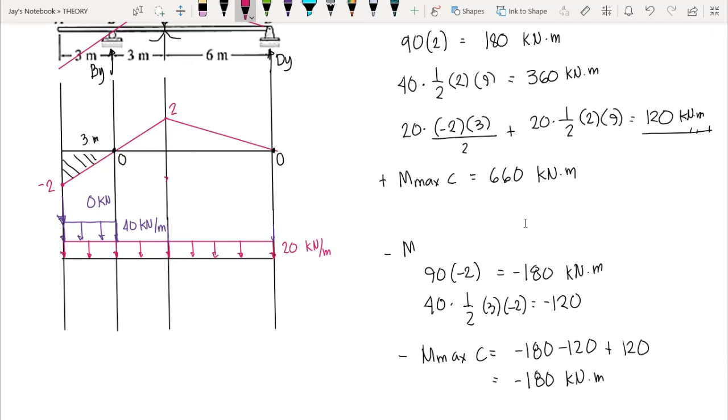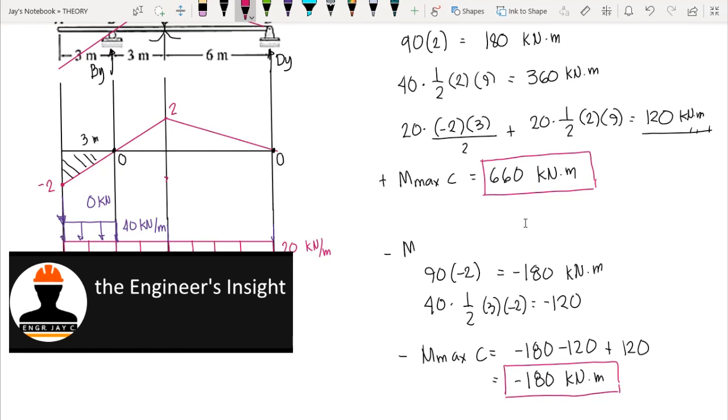So this is our answer as the negative maximum moment at C, and this is our answer for the positive maximum moment at C. So by using the influence diagram, we know where to place our live load, so that we will be able to determine which point or location in our beam is prone to failure.